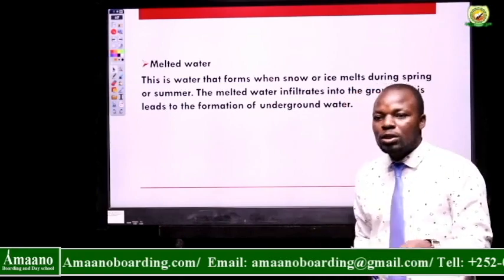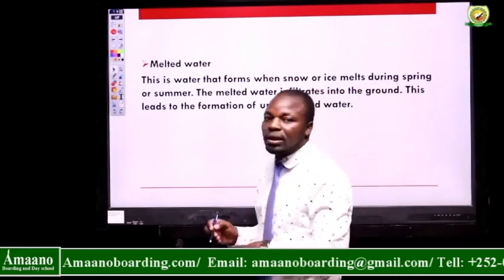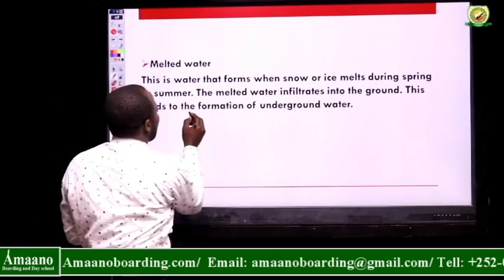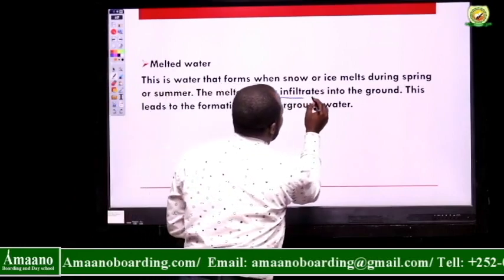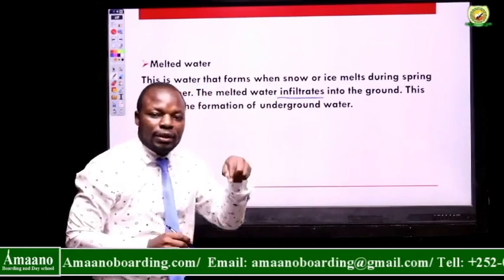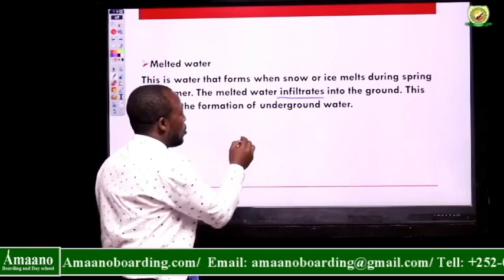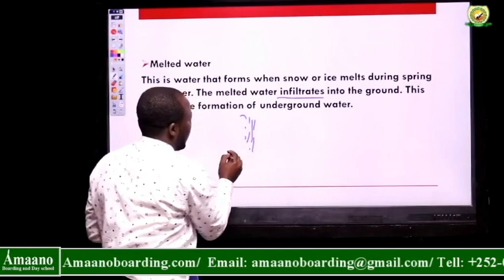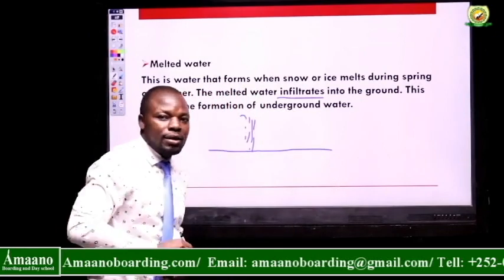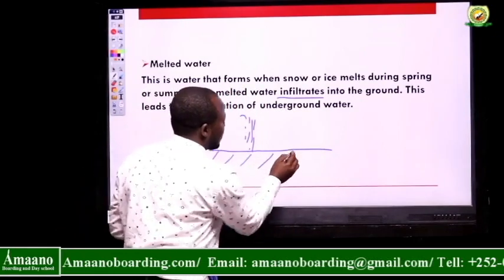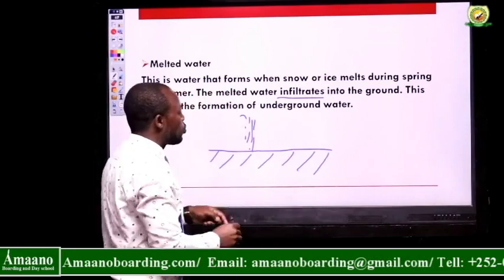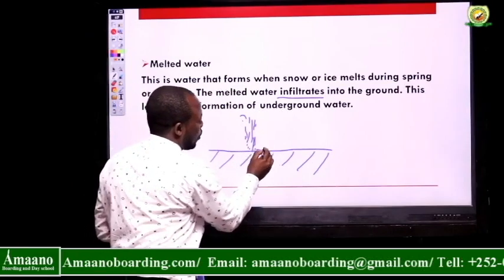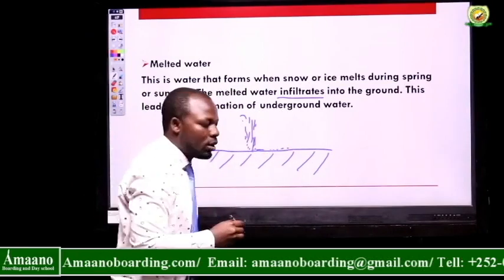Then as it flows, it infiltrates. A keyword here that we're also looking at is the word infiltrate. Learners, the word infiltrate here means to get in, vertically getting in. Assuming that here is your rock and the land surface, as the rain drops, part of the water may flow on the surface.